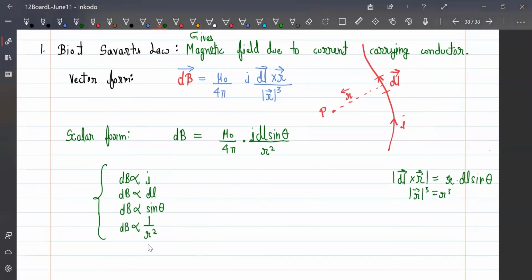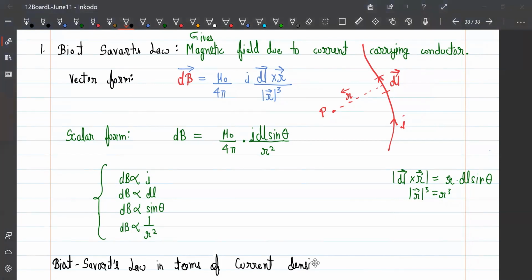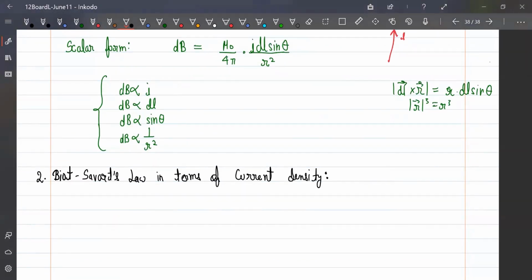Okay. Rishi, tell me the Biot-Savart's law in terms of current density. Rishit, can you hear me?